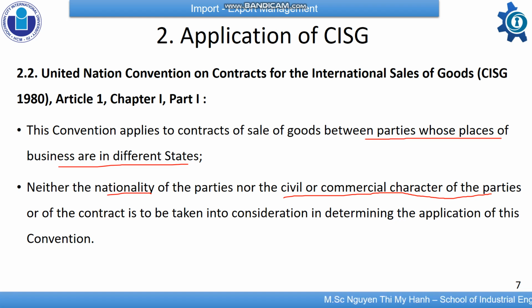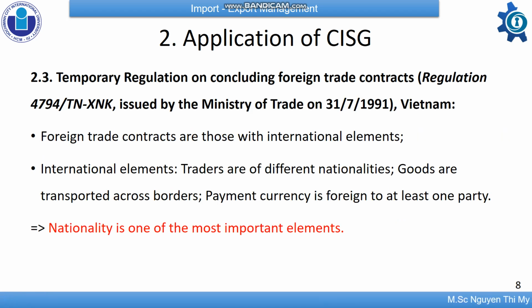So we can see if we use a different law, a different convention, the application of CISG will be different. Okay, so it depends on which law or which convention you will use based on the agreement between two parties. That is the international law.